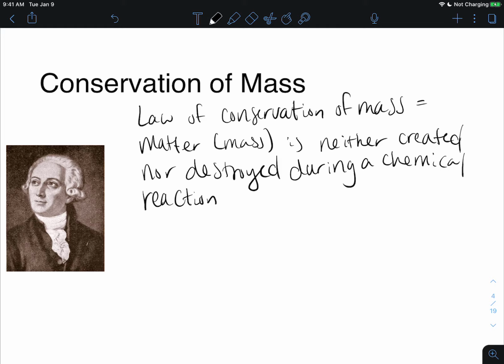Okay, so when we think about a chemical reaction, whatever is on our reactant side is going to be the same as on our product side. So our matter on both reactant and product side will be the same. We're not changing how much mass or matter we have, we're just changing its form. So mass or matter is not removed or gained, just transformed.